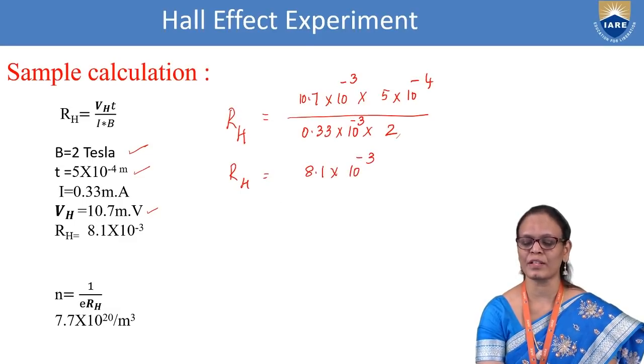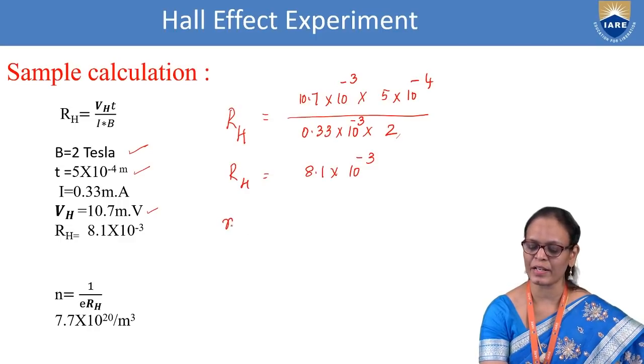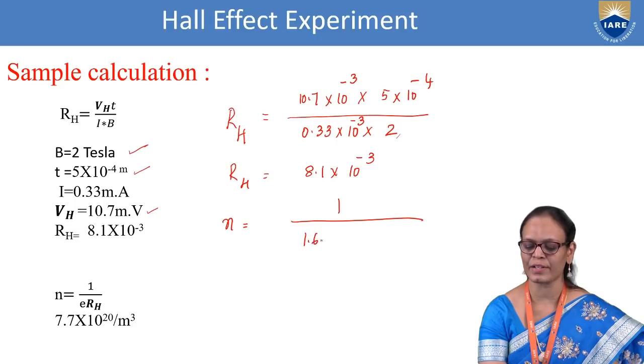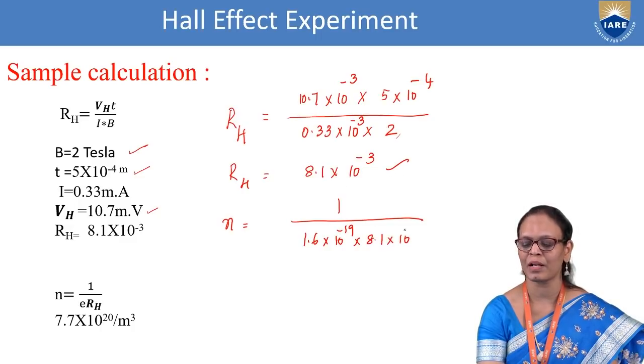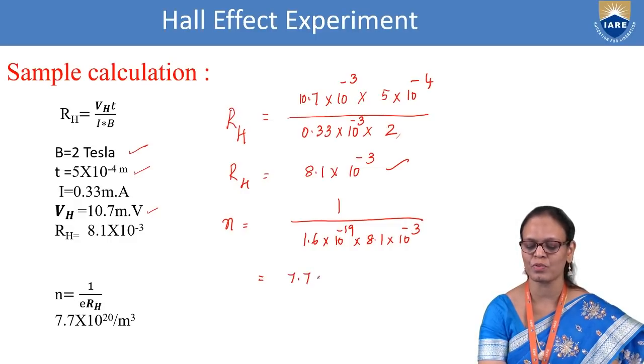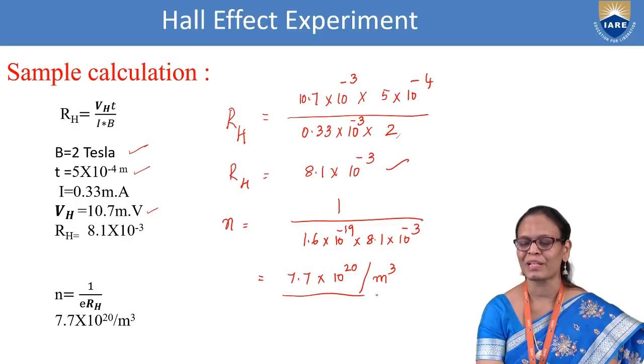Once you get the value of RH, you can find N using 1 upon E RH, where E, the charge of the electron, is 1.6 into 10 power minus 19. What we got here is 8.1 into 10 power minus 3. So you will get around 7.7 into 10 power 20 per meter cube. We talk about unit volume, so it is per meter cube.